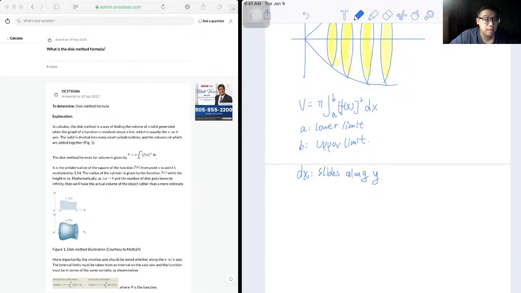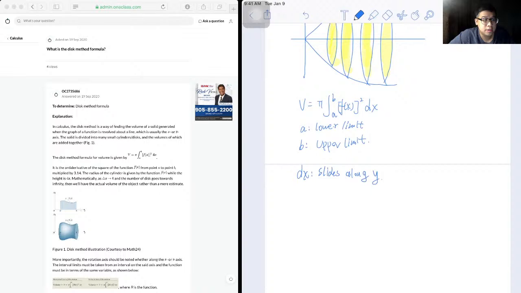So yeah, and also we can see from the description on the left side, the square of the function f(x) from point a to point b, which is represented by the lower point and upper point, and multiplied by pi, which is also 3.14. And I think we can also just leave it as pi.